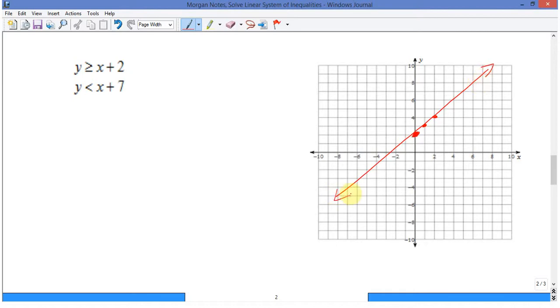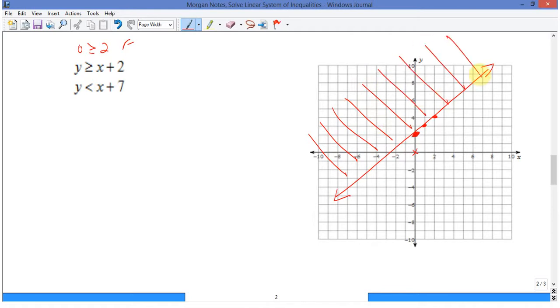And it says the values where y is greater than or equal to x plus 2. So let's test 0, 0. 0 is greater than or equal to 2. That's false. So 0, 0 is not shaded. Everything on this side, the other side would be shaded.